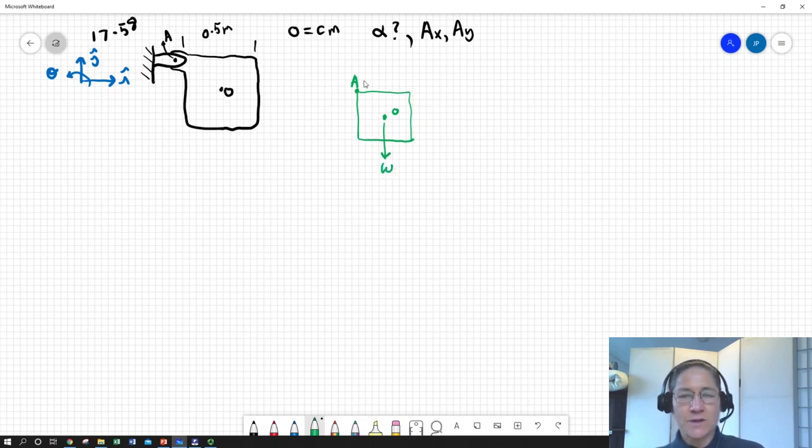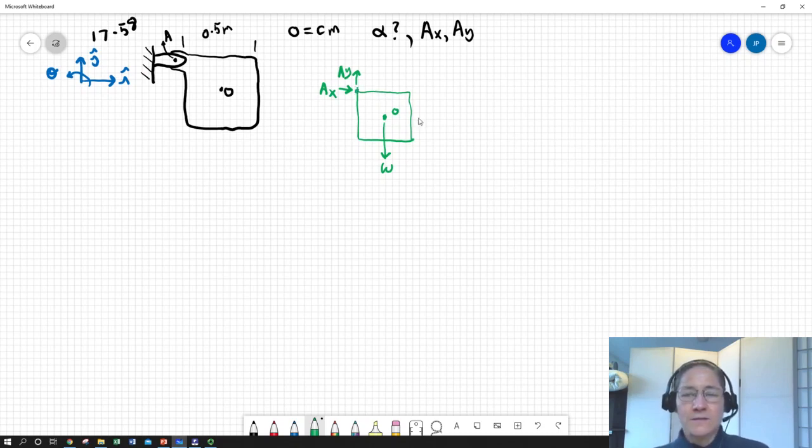So we have a weight force. And then of course, I'm going to erase my label here so I can replace it with some forces. We'll assume that we have positive forces at A in the j hat and i hat direction.